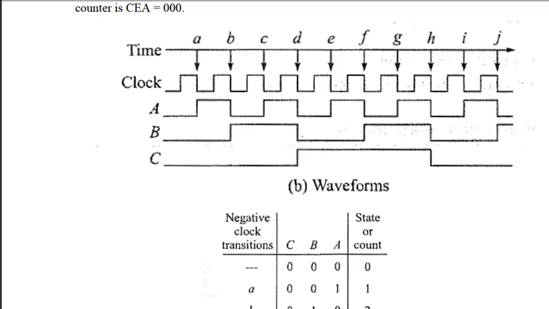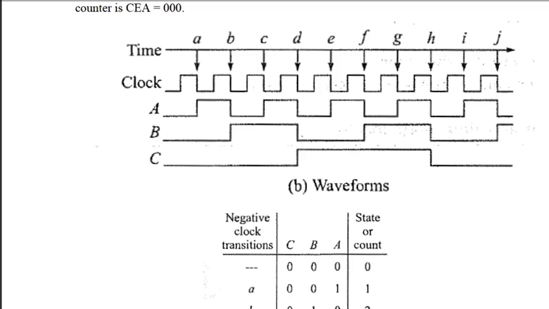So at point b, A is going from high to low, and correspondingly B will shift from 0 to 1. Similarly at d, A is going down again, so B will change its state. It changes at f, and again at h. Whenever A goes from high to low, B will change its state.